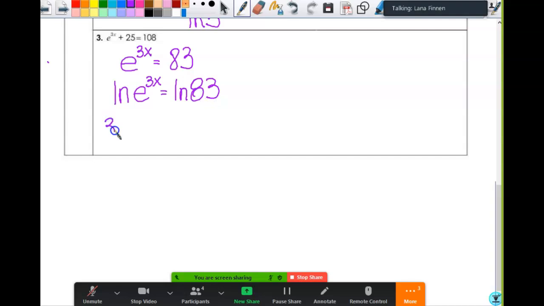Bring the 3x out to the front. 3x times the natural log of e equals the natural log of 83. Then I'm going to pause right here. What is the natural log of e?